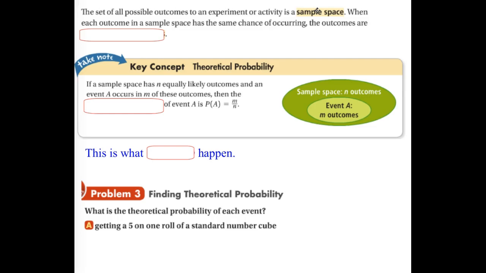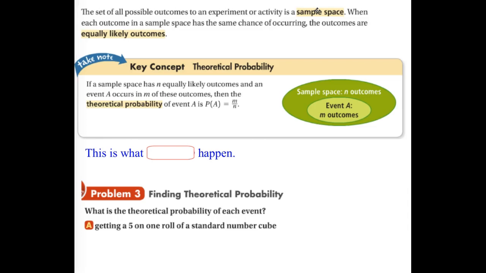When each outcome in a sample space has the same chance of occurring, we refer to those outcomes as equally likely. So for theoretical probability, if a sample space has n equally likely outcomes and an event A occurs in m of those outcomes, then the theoretical probability of event A happening is m divided by n.